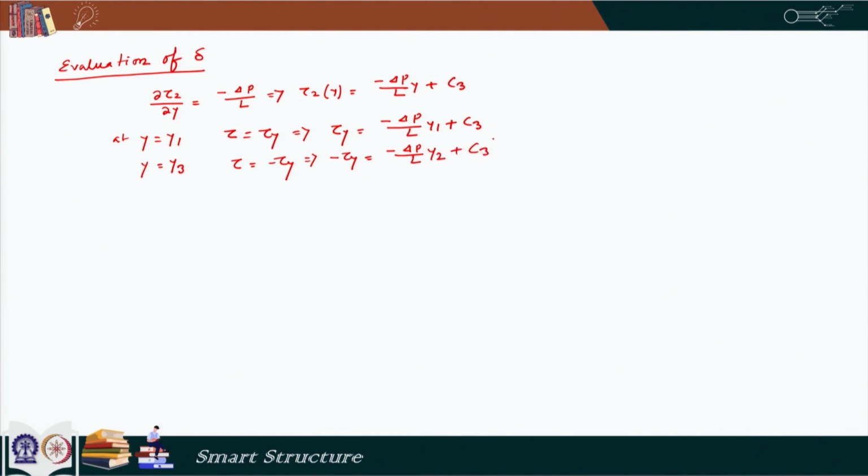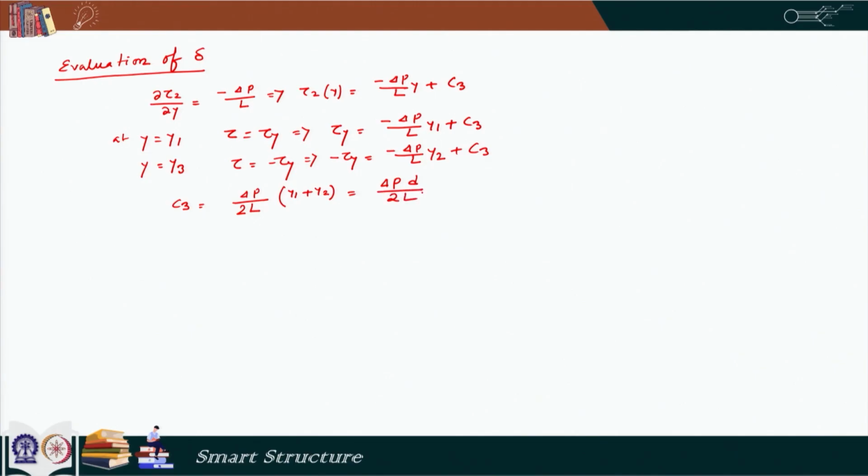Now, if we add these two equations, we can evaluate C3. So, adding these two equations, we get C3 as del p by L multiplied by (y1 plus y2) divided by 2, and we know that y1 plus y2 is d, the distance between the two plates. So, that gives us del p d by 2L.